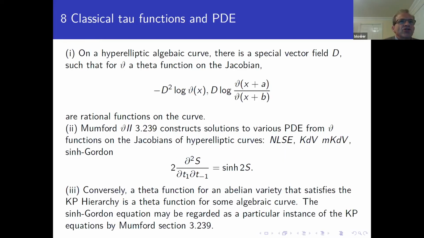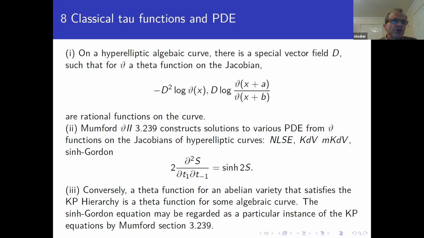Now, that consideration leads us to consider what kind of differential equations these tau functions might satisfy. If we take a hyperelliptic algebraic curve, on such a curve there's a special vector field, and there's also a theta function defined on the Jacobian of the curve. You can apply this vector field to things like the logarithm of the theta function.